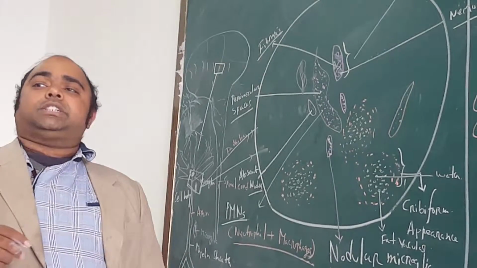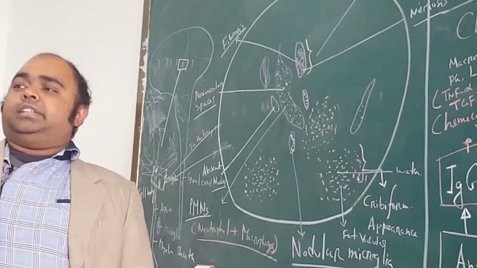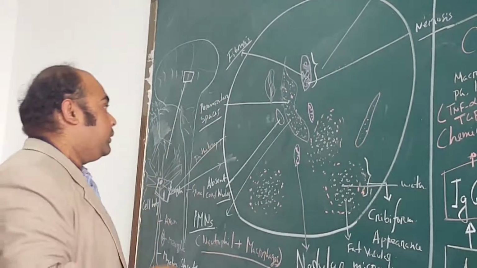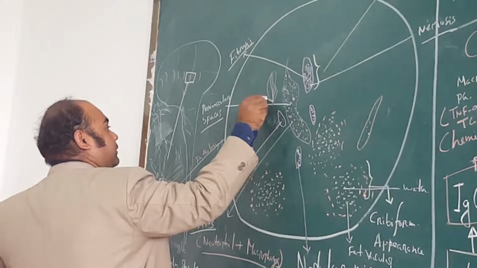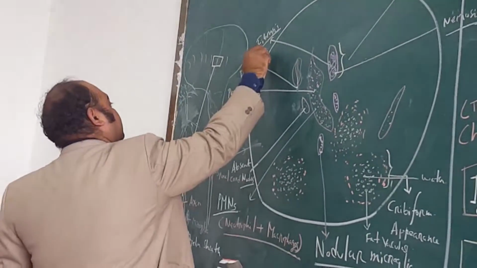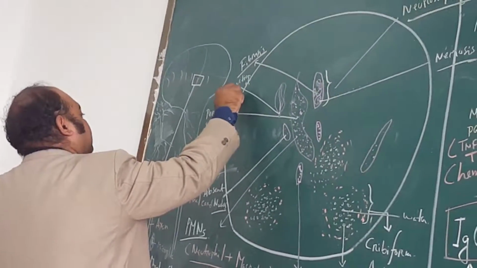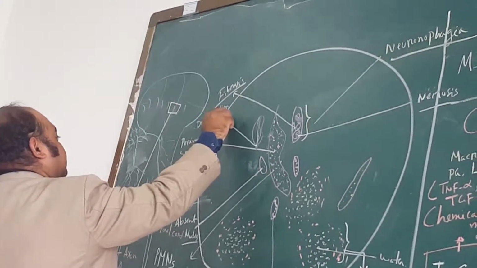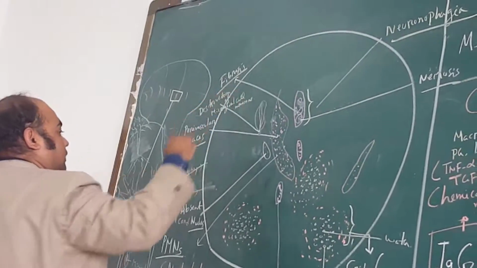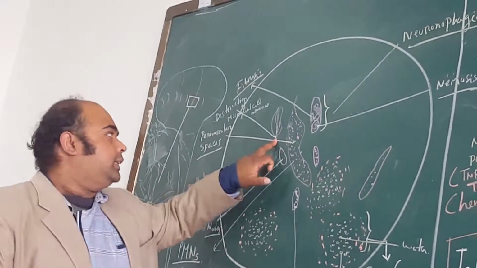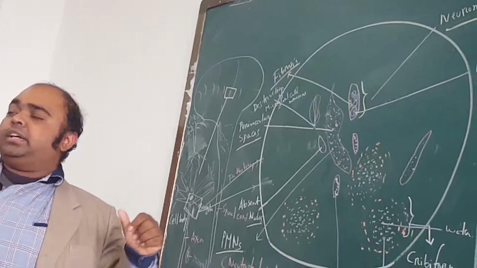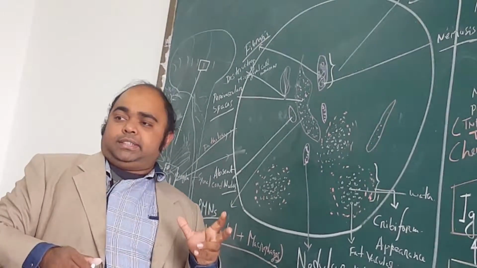There is a destruction of the microglial outline, the cell membrane. Destruction of the microglial cell membrane due to some pathological changes.